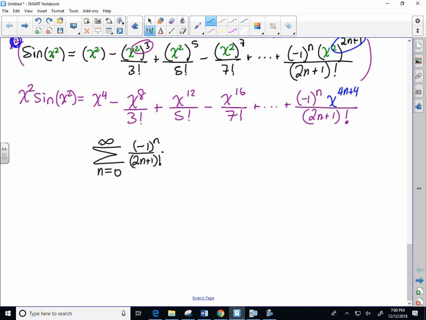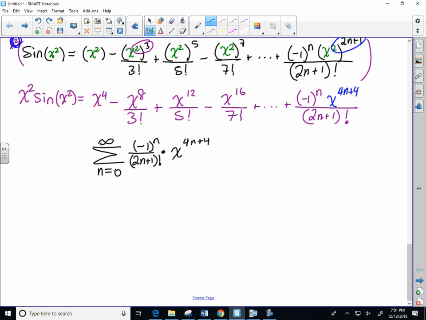So we have all that stuff multiplied by x to the 4n plus 4. What we have is a power expression, a power function.